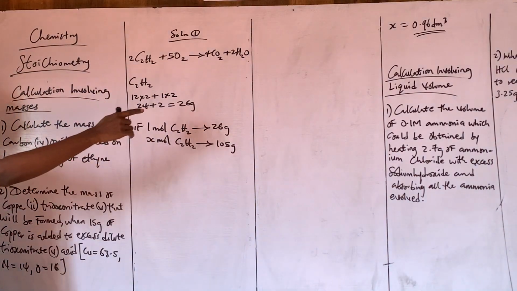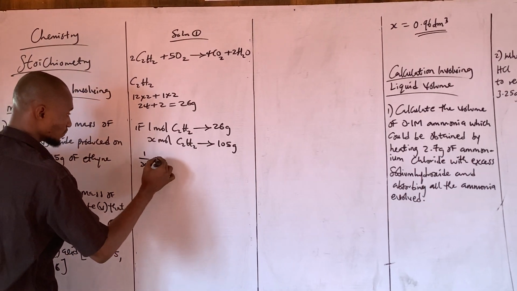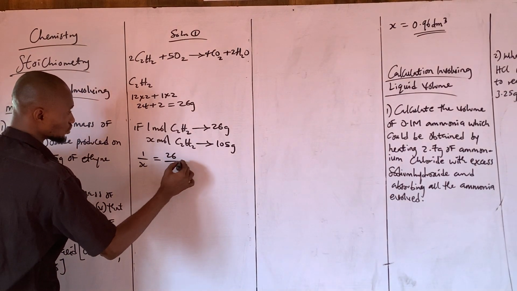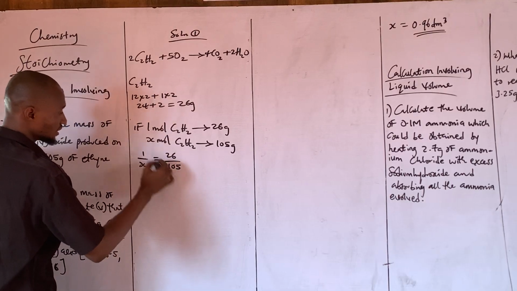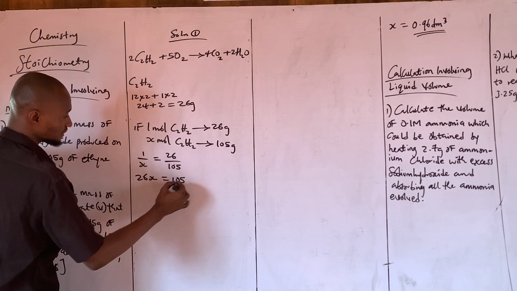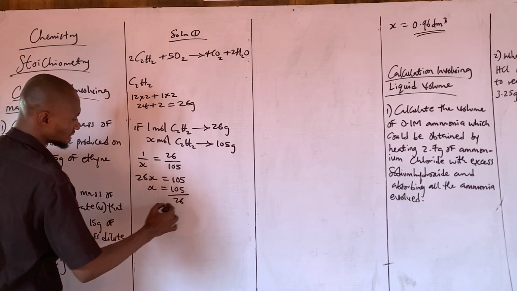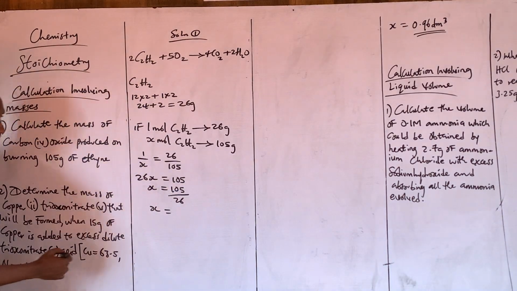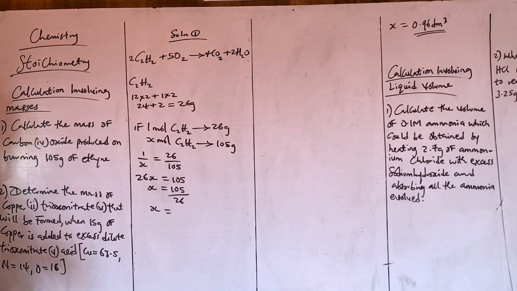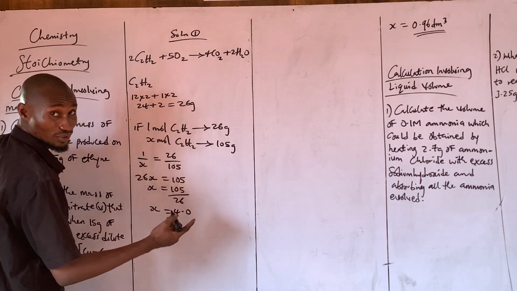So now, this is 1 over x equal to 26 over 105. Is that correct? When you cross multiply, you have 26x equal to 105. So x is equal to 105 over 26. And x is equal to what? 4.038. That is approximately 4.